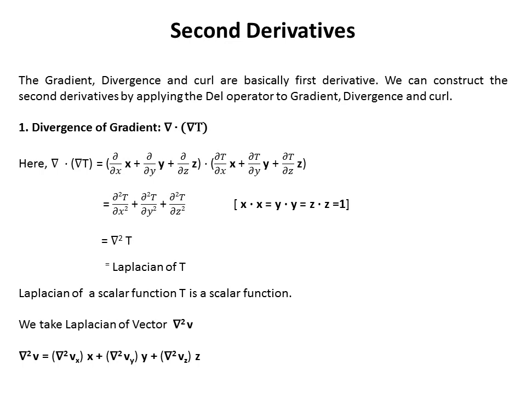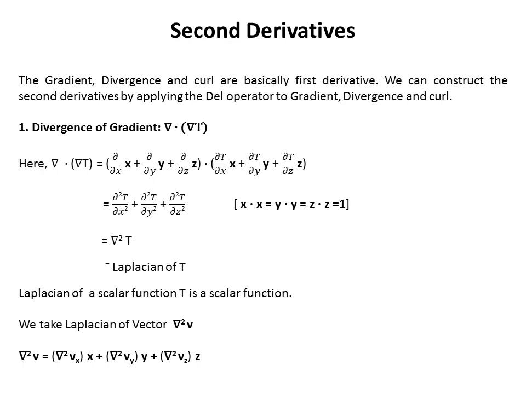So finally we get del square t by del x square plus del square t by del y square plus del square t by del z square, where x dot x is equal to y dot y is equal to z dot z is equal to 1. So finally we get del dot del t is equal to del square t. Here del square t is equal to Laplacian of t. So here Laplacian of the scalar function t is a scalar function.